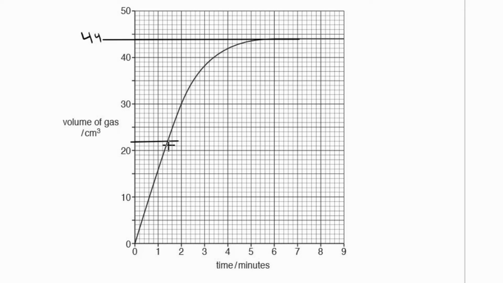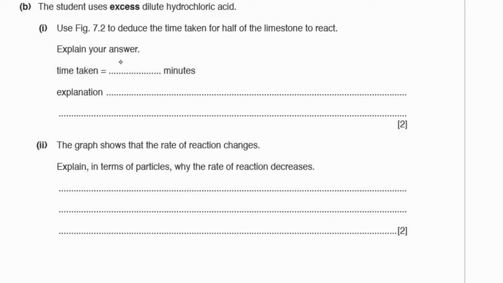Now if we look at the time there, that is at 1.4 minutes. So half of the amount of limestone to react would produce 22 centimeters cubed of gas, and this is at 1.4 minutes. Okay, so the time taken was 1.4 minutes.